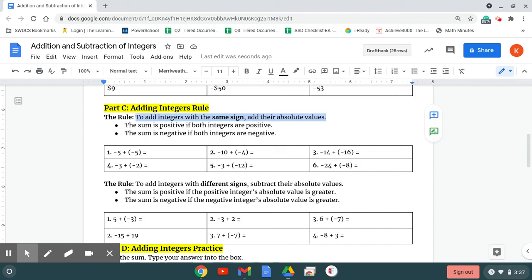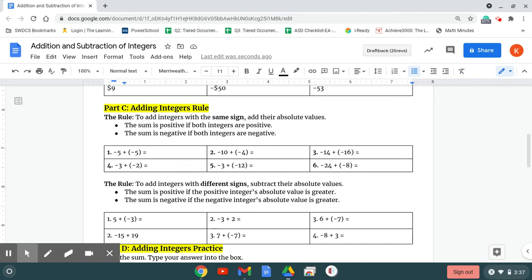If both your integers are negative, your sum is negative. If both your integers are positive, then your sum is positive. So another way to think about this, same sign, keep the sign and add.